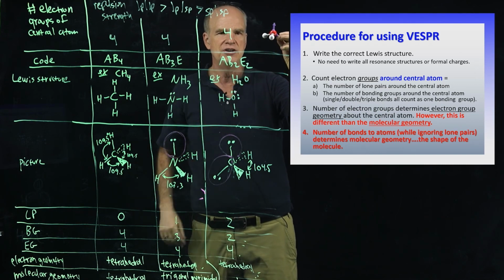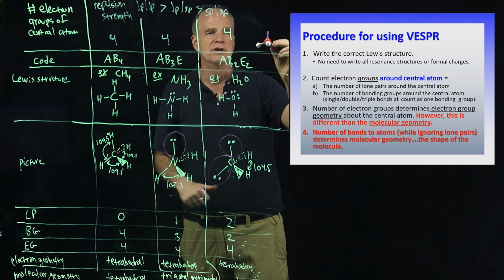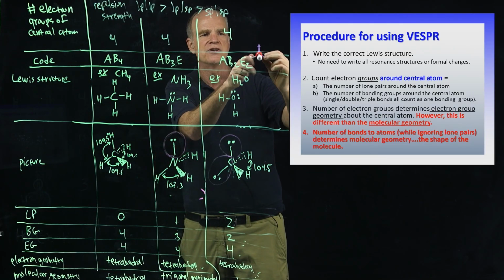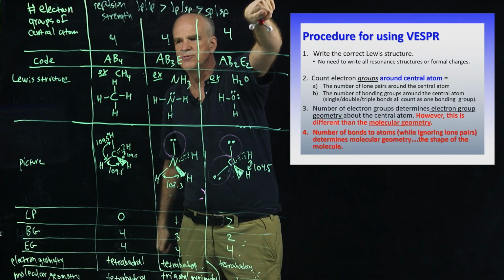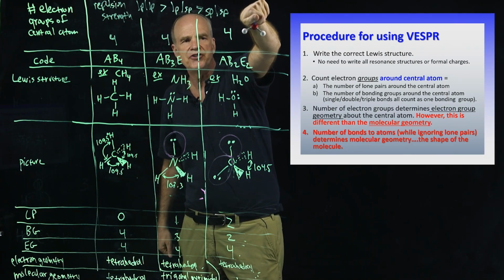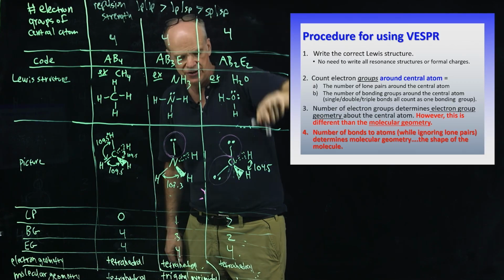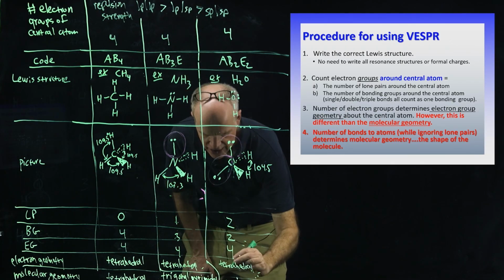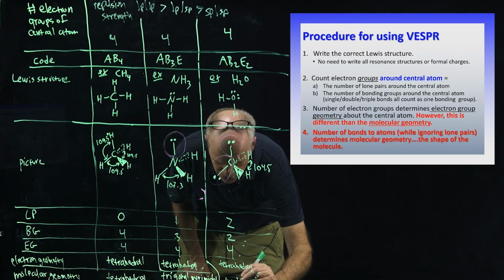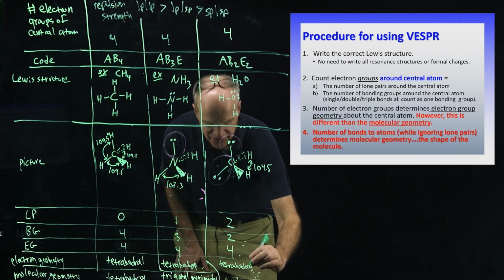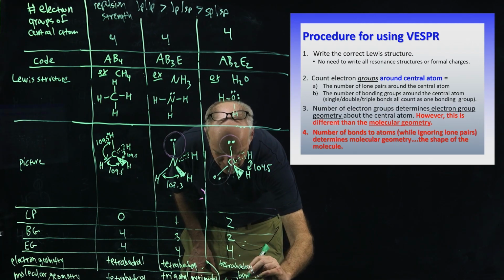So this is a good model of water, but to get the molecular geometry, again, you ignore the lone pairs and just look at the arrangement of atoms in space. And what you can see is that these atoms in space look bent. So the final molecular geometry of an AB2E2 molecule is bent. Let me try writing that here.